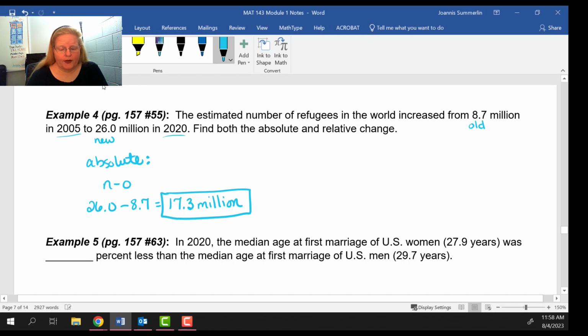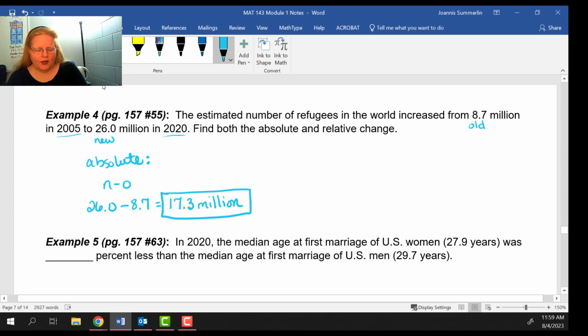I didn't have to write the millions out because they're both in millions. If they would have been different, so if one would have been billion and one would have been million, I would have had to have written all those numbers out behind them, all their zeros out.